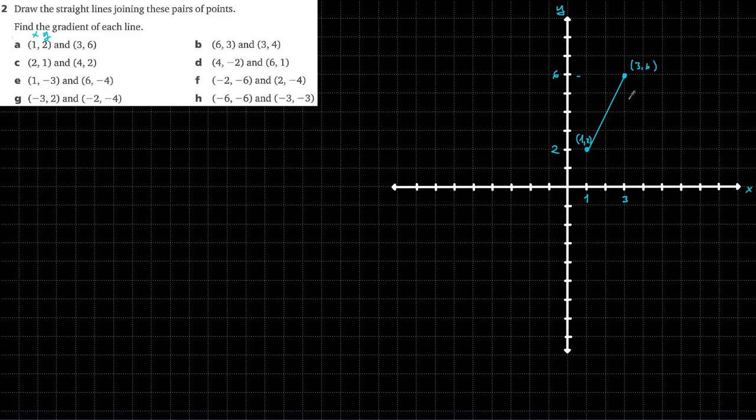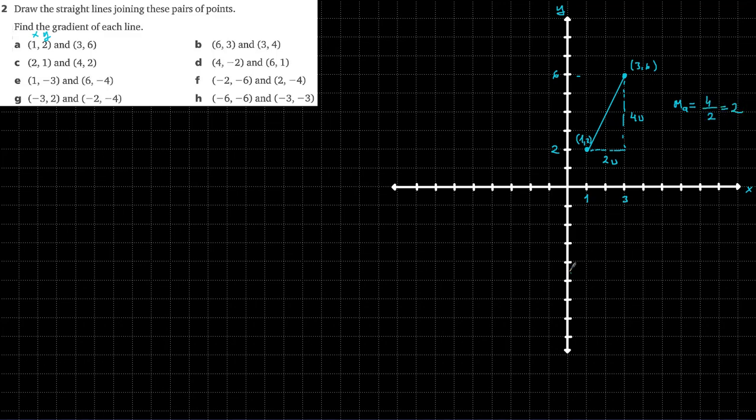Here the slope is positive because it's steep to the right side, and the vertical distance is 4 units and the horizontal distance is 2 units. So it's equal to 4 divided by 2, which is equal to 2.